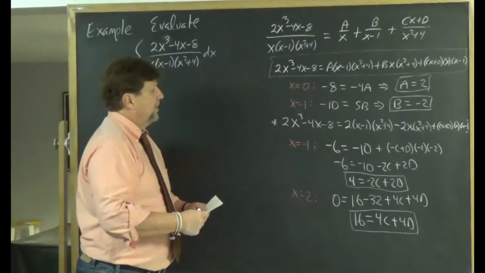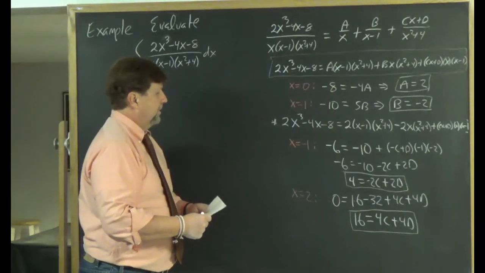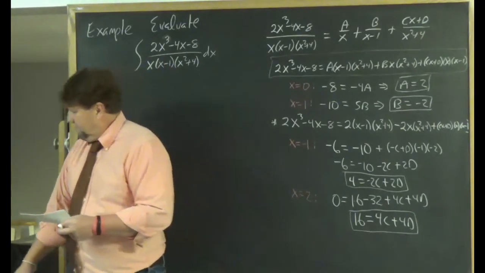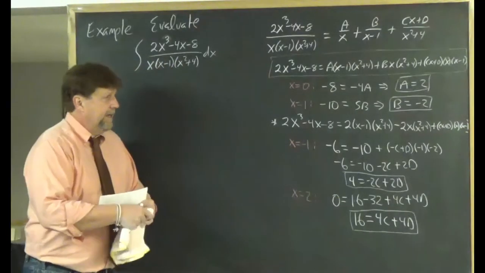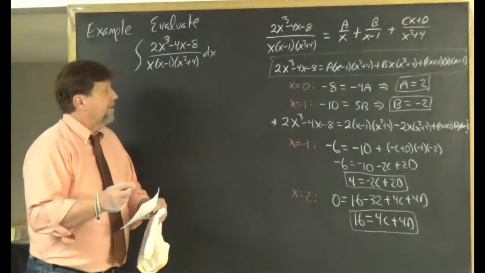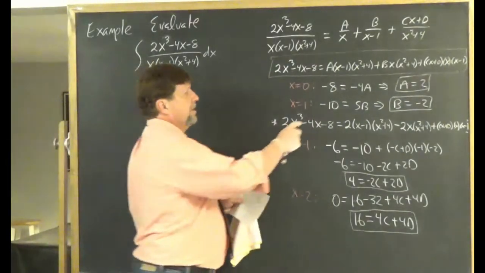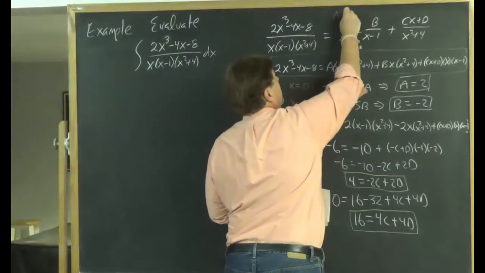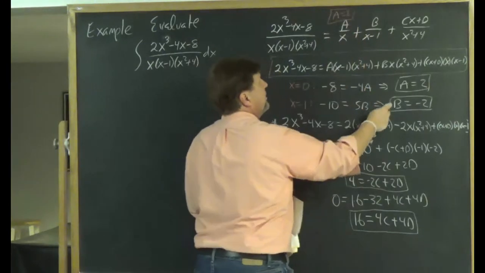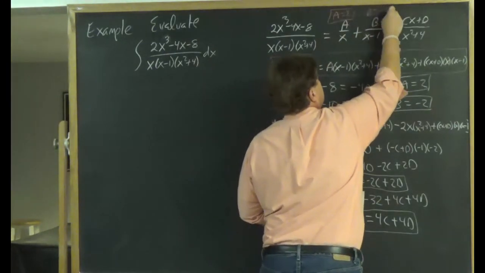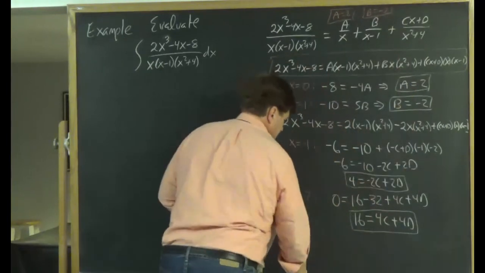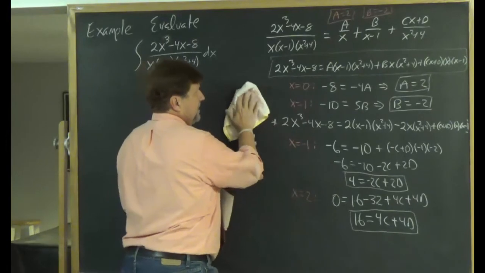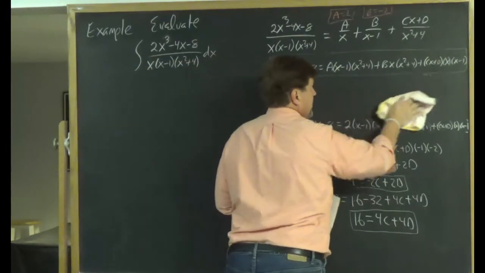I'm running out of room, so I'm going to have to do a little erasing. I need to make note of what I've already determined: a is 2 and b is negative 2.